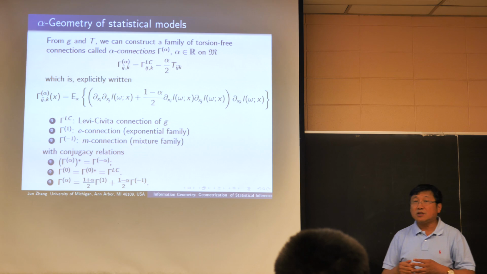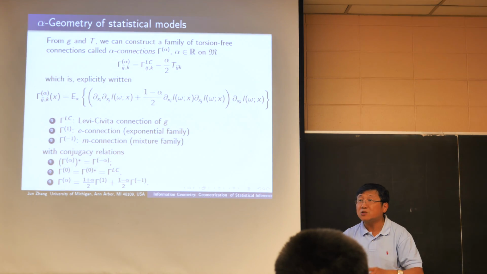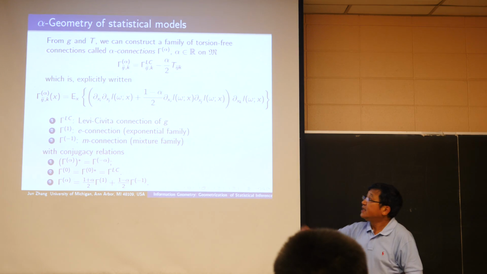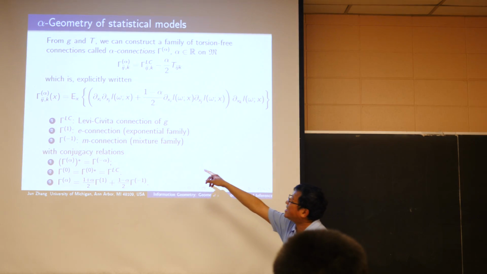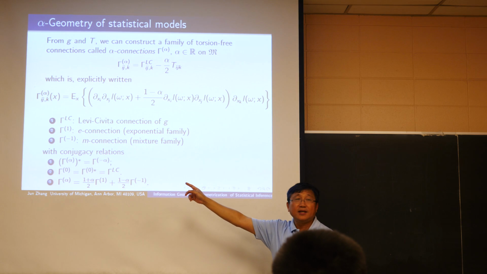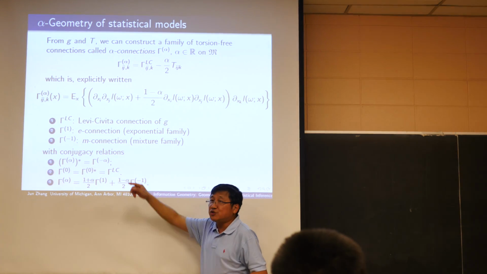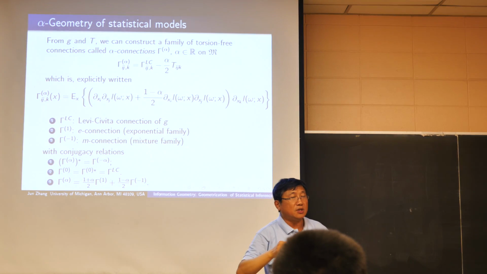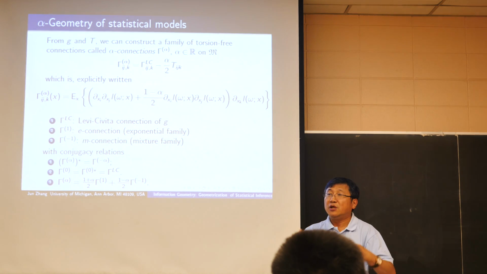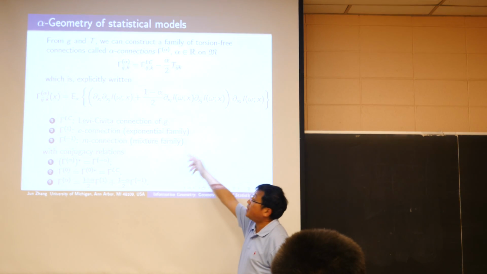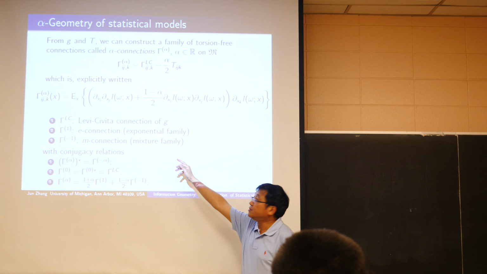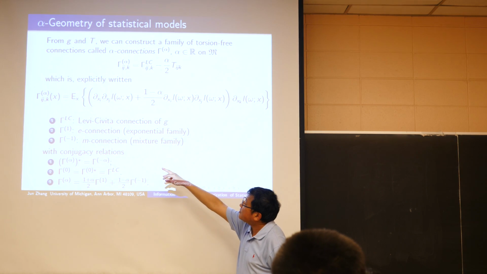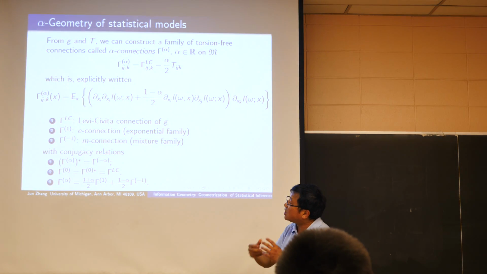But it turns out that alpha equals +1 and -1 are the two very important affine connections. One is the so-called e-connection, and one is called the m-connection. These are the most appropriate connections for dealing with the exponential family and the mixture family.